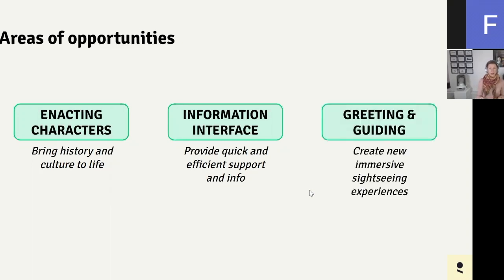And lastly, we take these two first areas of opportunity and combine them into a more overarching idea of a greeter or guide, creating a very interactive experience in a city, for example, using the technologies at hand. So these are the three things that we wanted to focus on today. So let's get started.